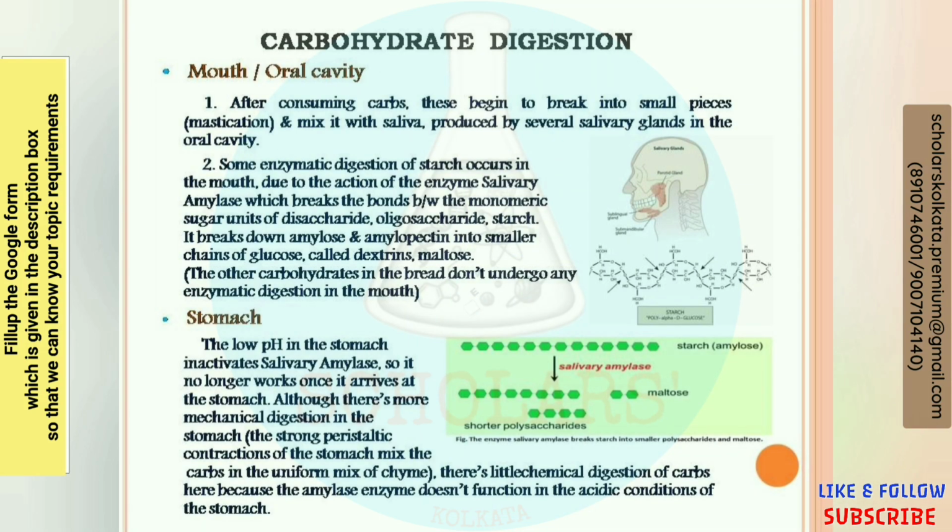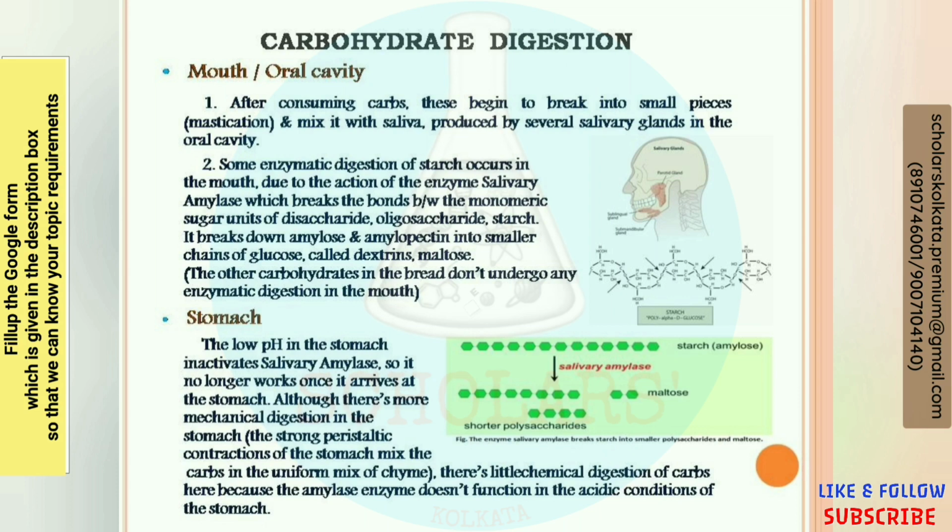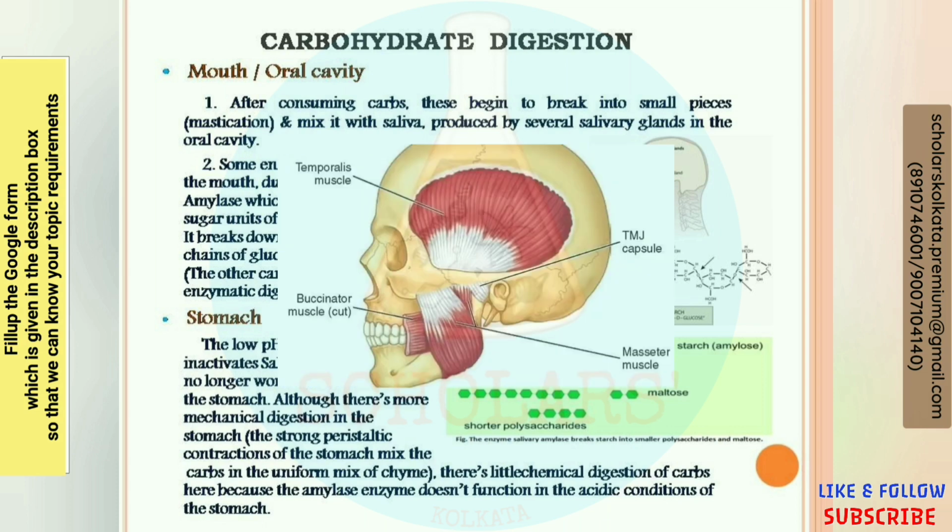The first organ, the mouth or oral cavity, participates in the carbohydrate digestion process, and it helps to take food inside our body. After consuming the carbs or foods, the foods begin to break into small pieces, and this breakdown is scientifically termed mastication.